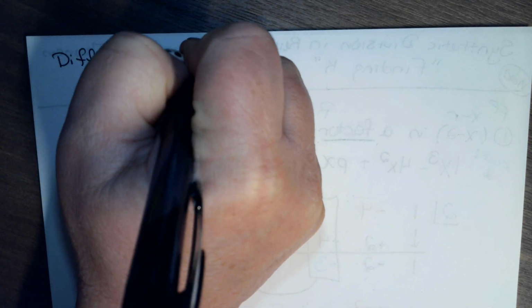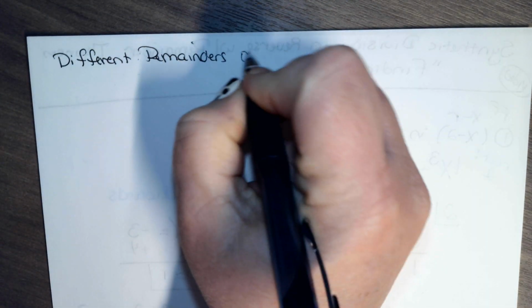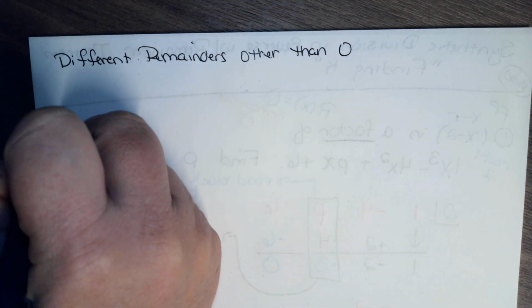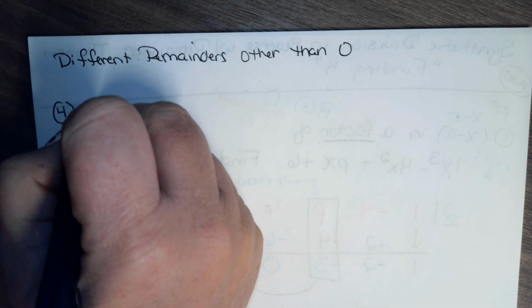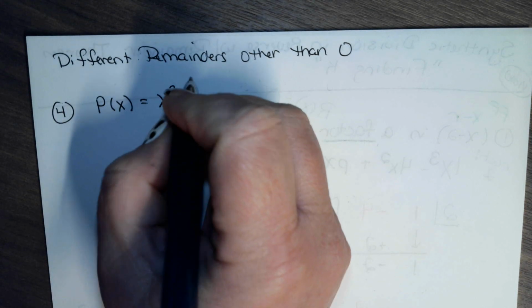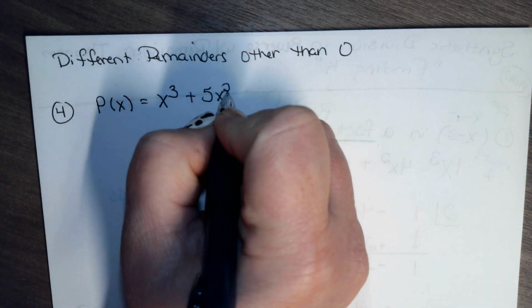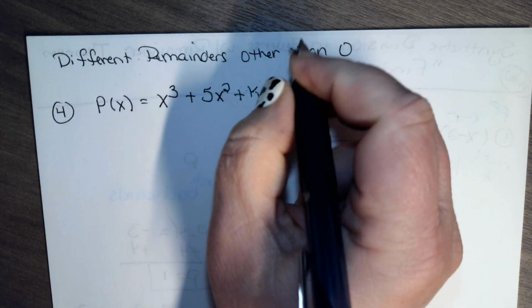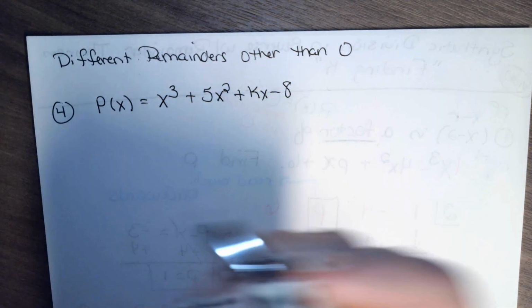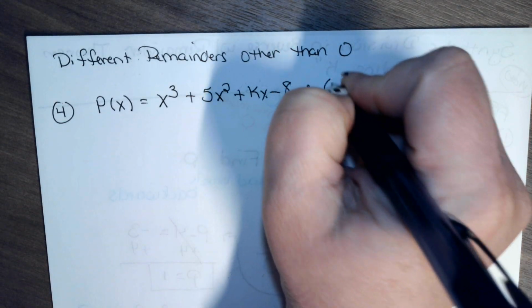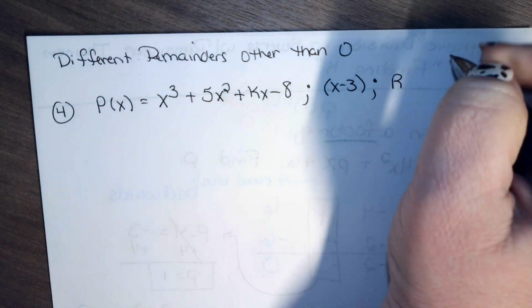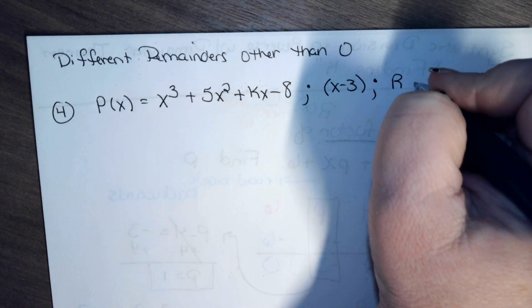So we got some different remainders here other than 0. And I'm going to kind of give shortcut directions here.